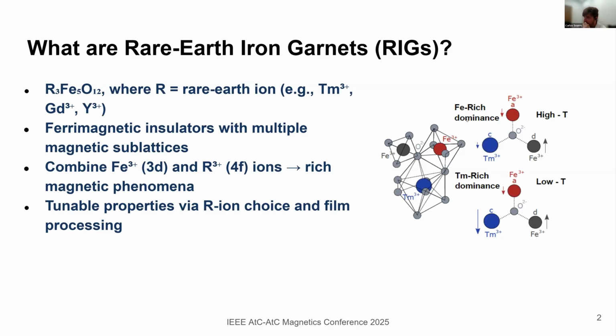In this material, there is a ferromagnetic coupling with one iron and an antiferromagnetic coupling with the other iron. By combining these three magnetic sublattices, you create rich magnetic phenomena. And when you change the rare earth, it's possible to tune some interesting properties in the films.